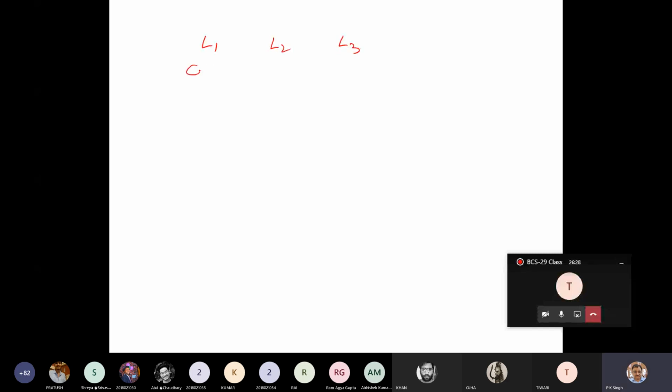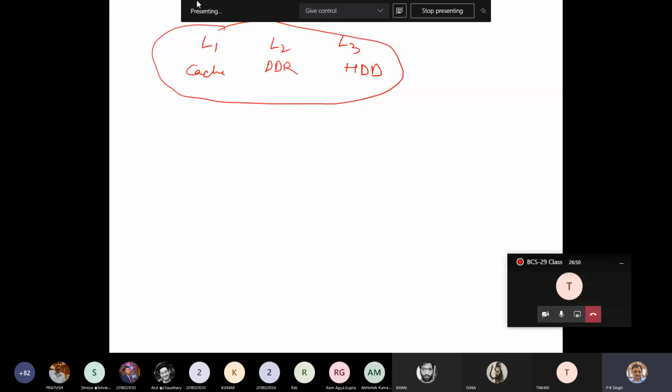Here you have cache, here you have your DDR, and here you have hard disk. Okay, you just keep this hierarchy in your mind and see this relation.